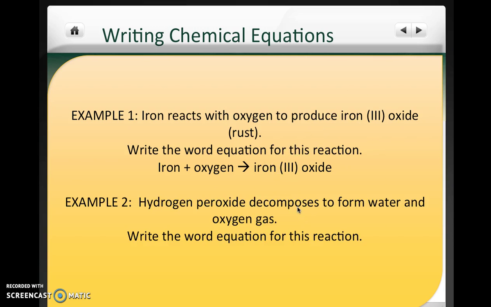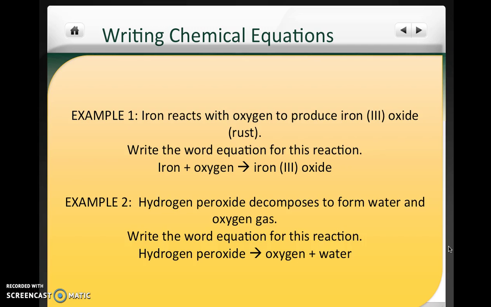And then a second example: hydrogen peroxide decomposes, it breaks down to form water and oxygen gas. So to write a word equation for this, what do we start with? Hydrogen peroxide. It then yields, because it decomposes, it breaks down to form two new products, oxygen and water.